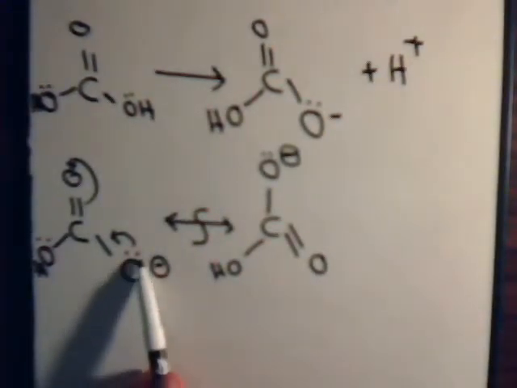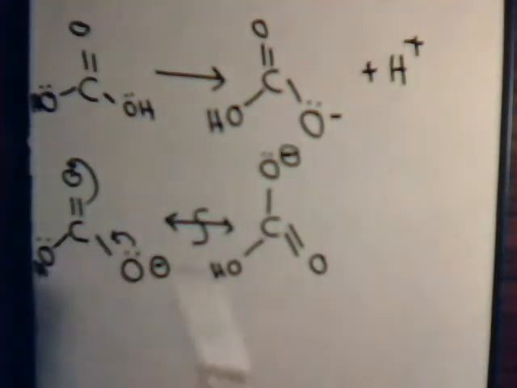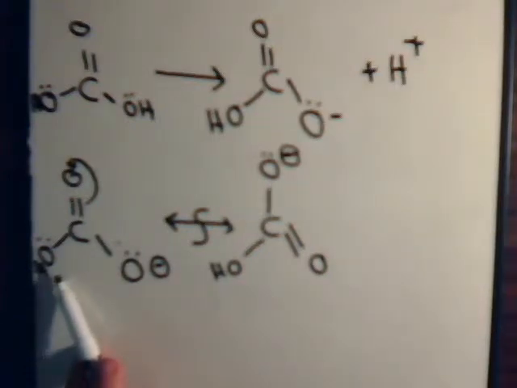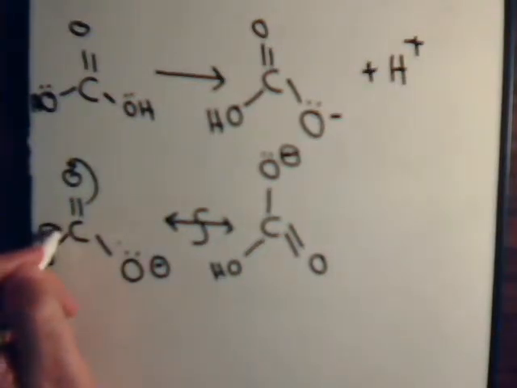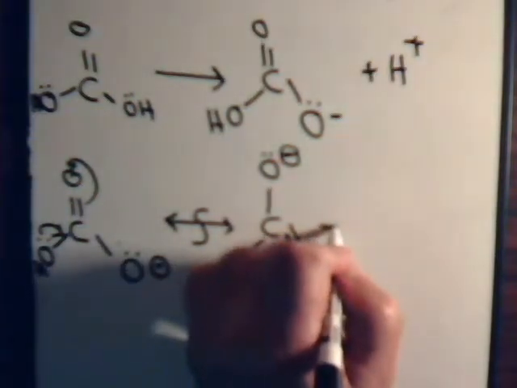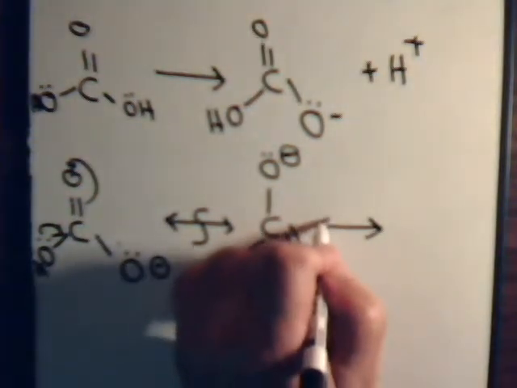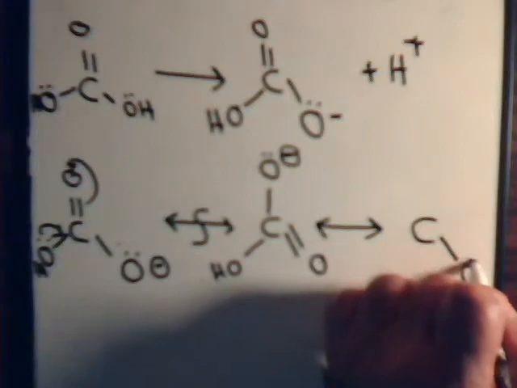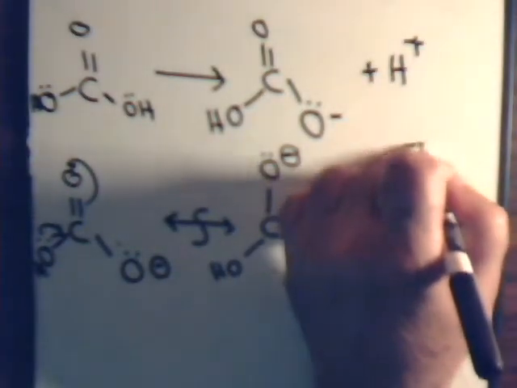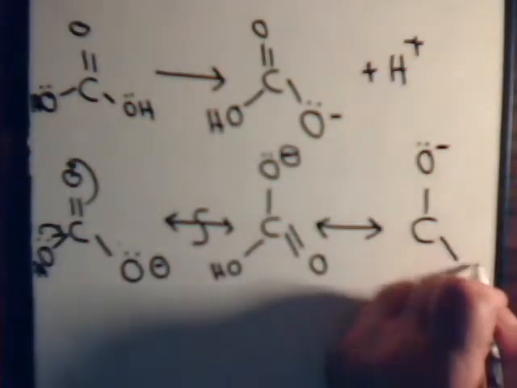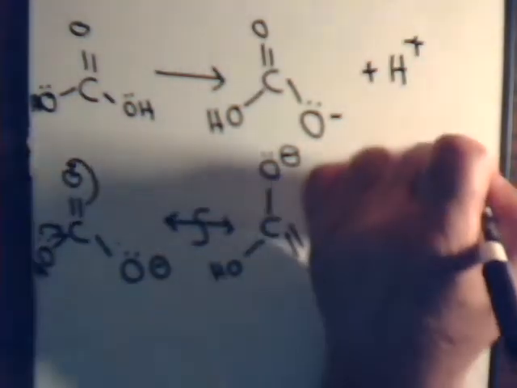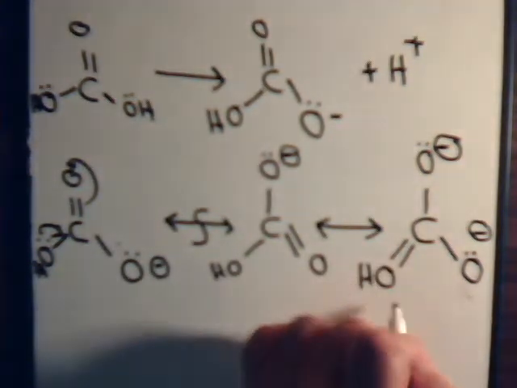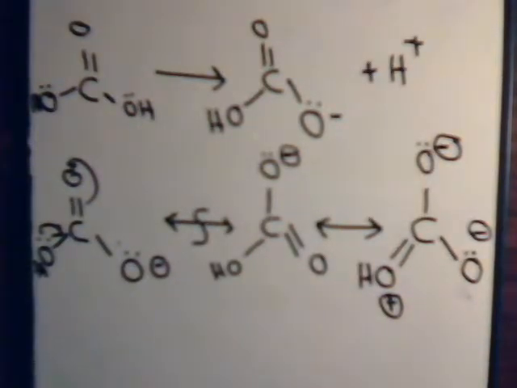Suppose that instead of this oxygen donating its electron pair to form the double bond, suppose this hydroxyl oxygen does. So then we would have this structure, like this.